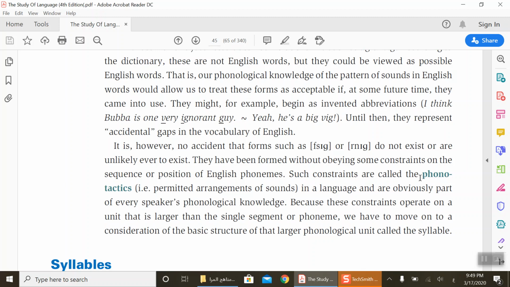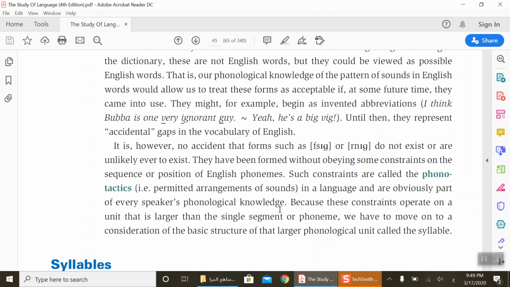Okay, so phonotactics is what? These are constraints on the sequence or position of English phonemes. In other words, permitted, allowed arrangements of sounds in a language, and they are obviously part of every speaker's phonological knowledge.